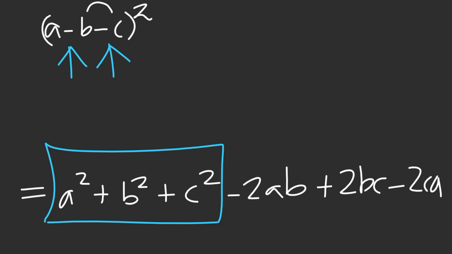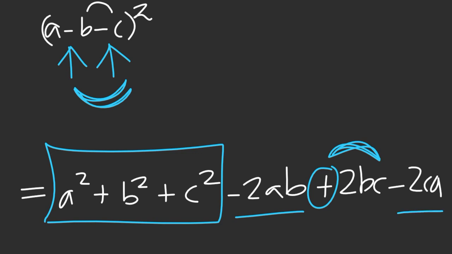So do you notice the difference? Whenever you have two negative terms, you need to put only one positive wherever both the negative terms occur. Here both the negative terms occur, we have given a positive out here, and the other 2AB and 2CA factors we have given negative.